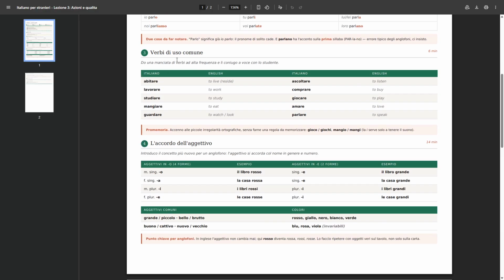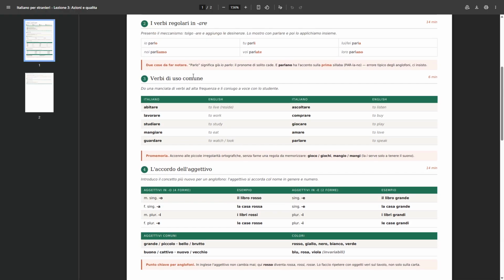And then here we have some common verbs, verbi di uso comune. These are verbs that are commonly used in Italian, that we see frequently. Fortunately, they are regular, so they follow the same rule. If it was io parlo, tu parli, lui, lei parla, noi parliamo, voi parlate, loro parlano, it's the same with abitare, to live, to reside.